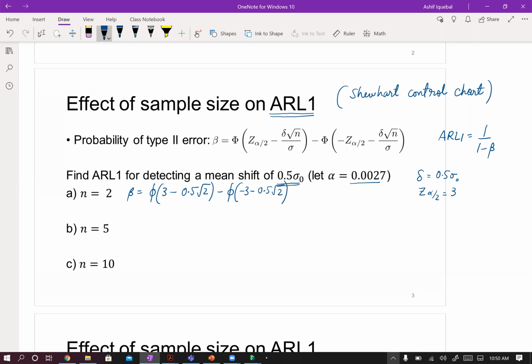You are familiar that the second term is close to 0 because this is a very negative term. So we will approximately write this as phi of 3 minus 0.5 square root of 2.